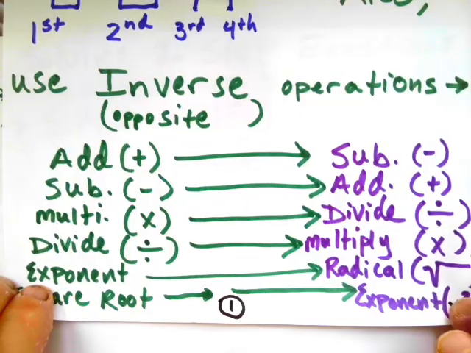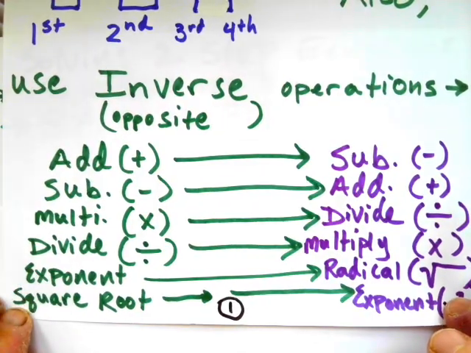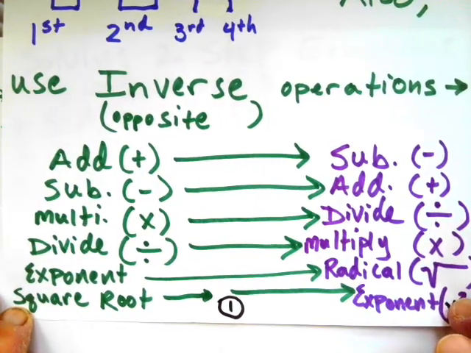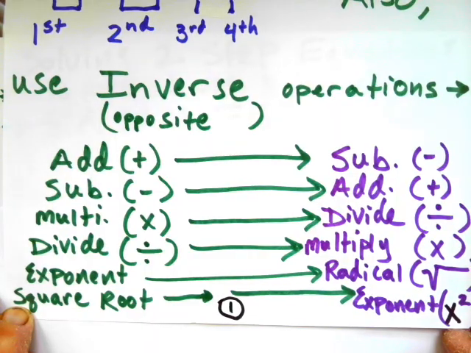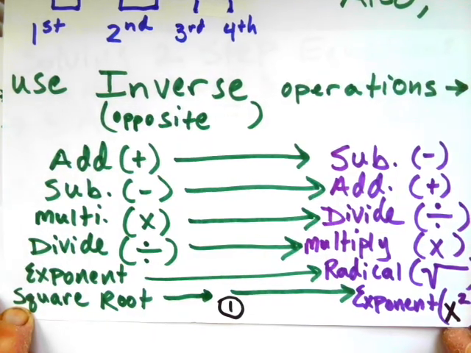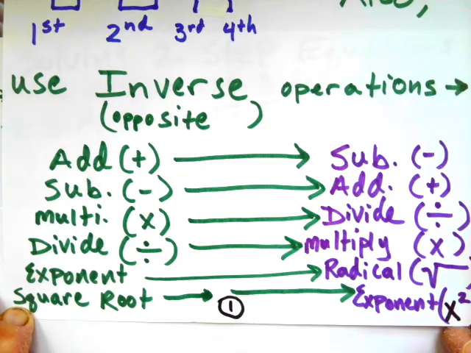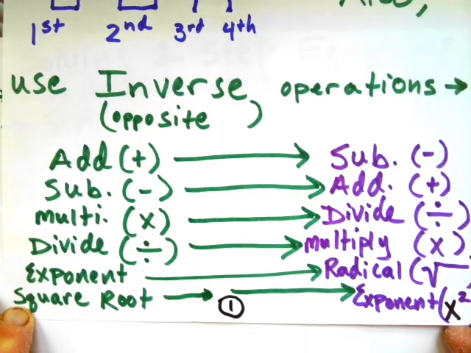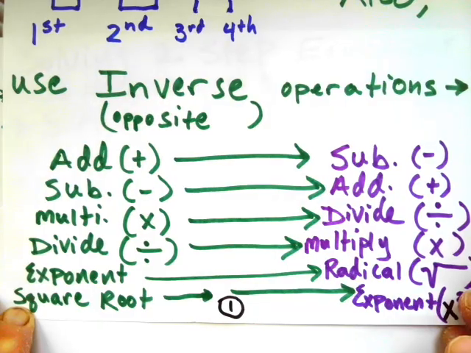What does that mean? That means the opposite. So you're going to do two of these steps to solve and get the variable x, y, z, get that letter all by itself on one side of the equal sign in order to solve for these equations. You will be doing two of these procedures, the inverse operation.